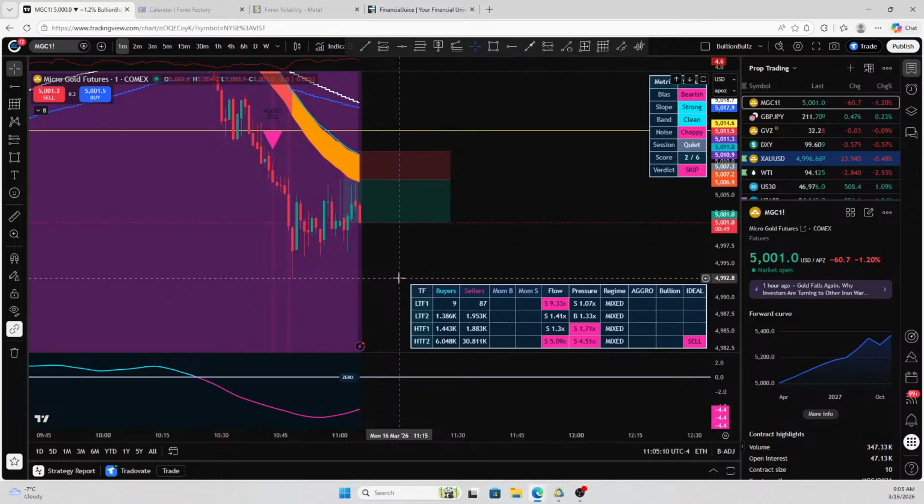This would be a very high probability trade setup in certain market conditions, but market conditions with news are not ideal to trade. So I'm not going to be taking any trades. Let's see how this pans out. Not in a rush.